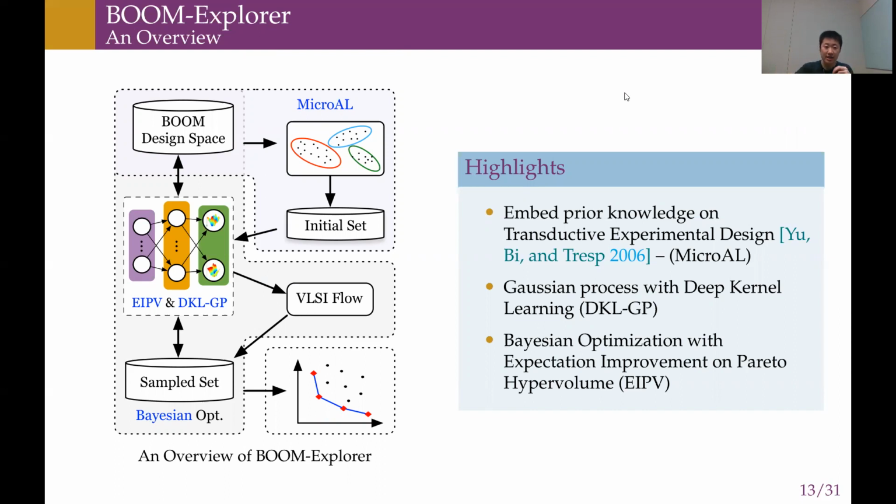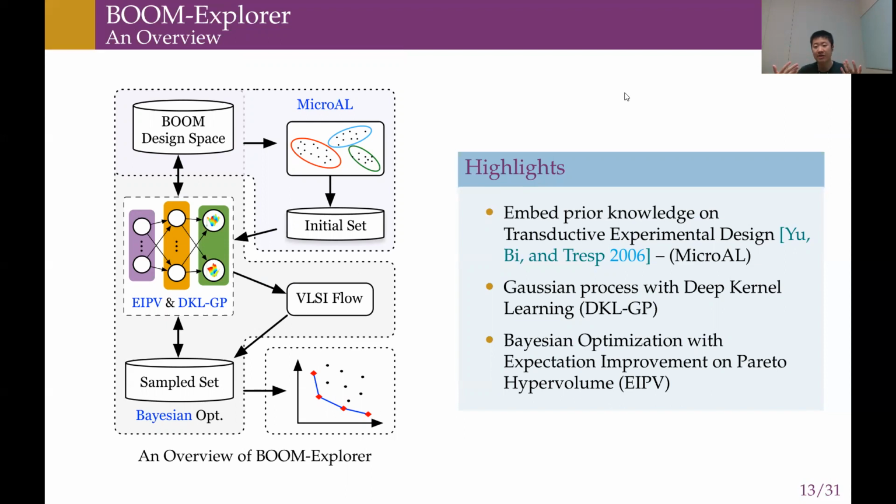As you can see, first we use MicroAL to sample the most representative initial set to initialize our DKLGP, the black box model. Then the DKLGP will interact with the BOOM design space and the VLSI flow via the Bayesian optimization framework.